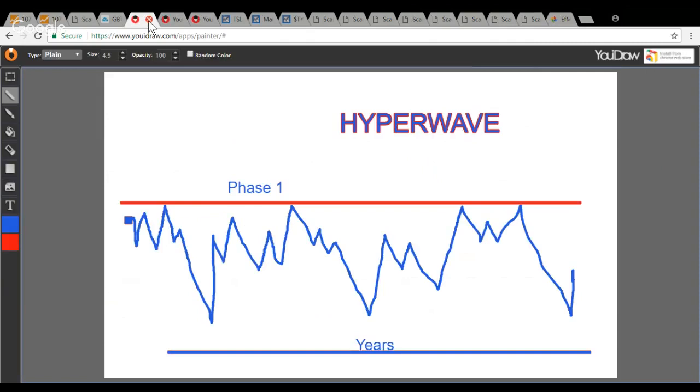Now, before any of you had heard of a hyperwave, if you see something going up and you're a trader or a speculator, you buy it for whatever reason, fundamentals, momentum, the sequential trading system, whatever it might be, not knowing anything about hyperwaves. So you're not restricted in any way by using hyperwave as a technique.